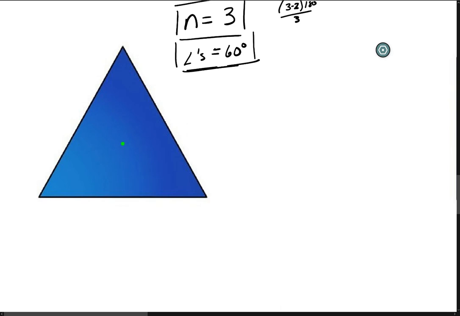If I was to draw the apothem there, what is the apothem? What does your note say an apothem is? Distance from the midpoint of side to the center of the polygon.